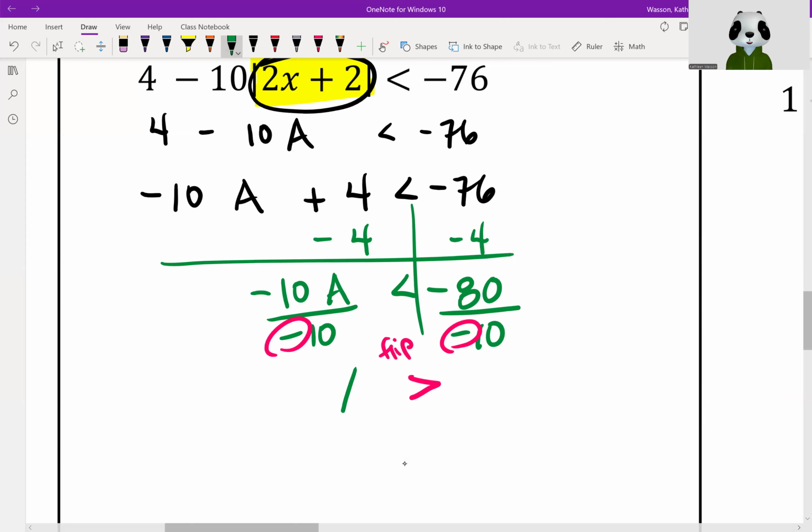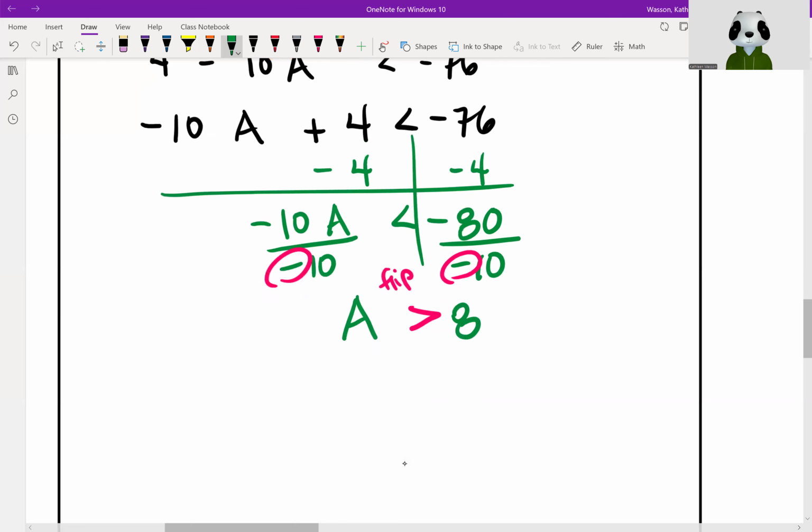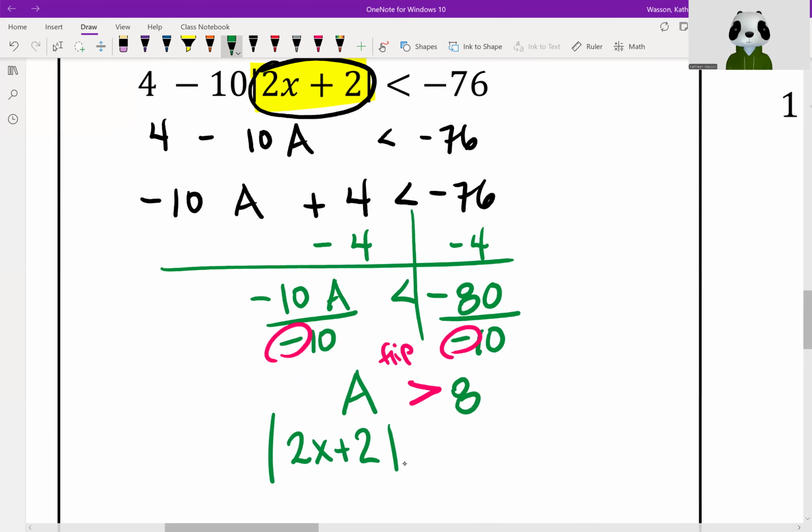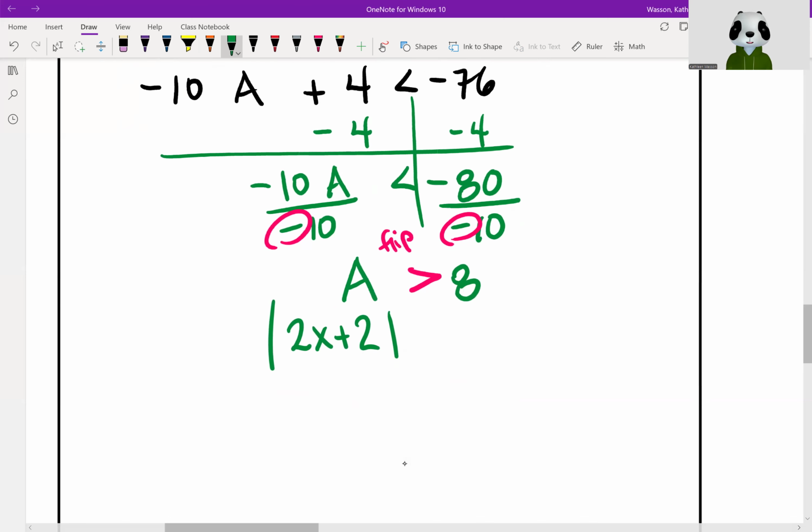And I have A is greater than 8. This one isn't any kind of special problem. I have a positive number here. I have an isolated absolute value expression. I can replace the A with 2x plus 2 now. This is greater than 8. This is something that I can solve.